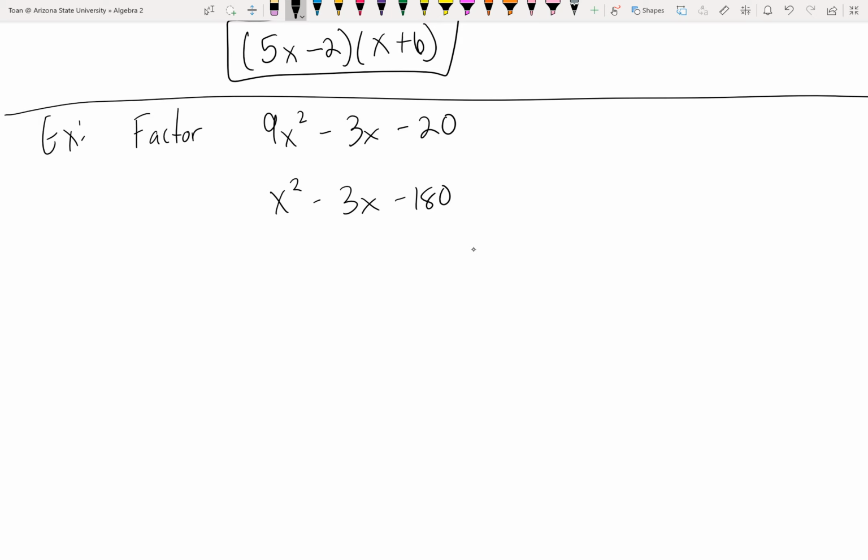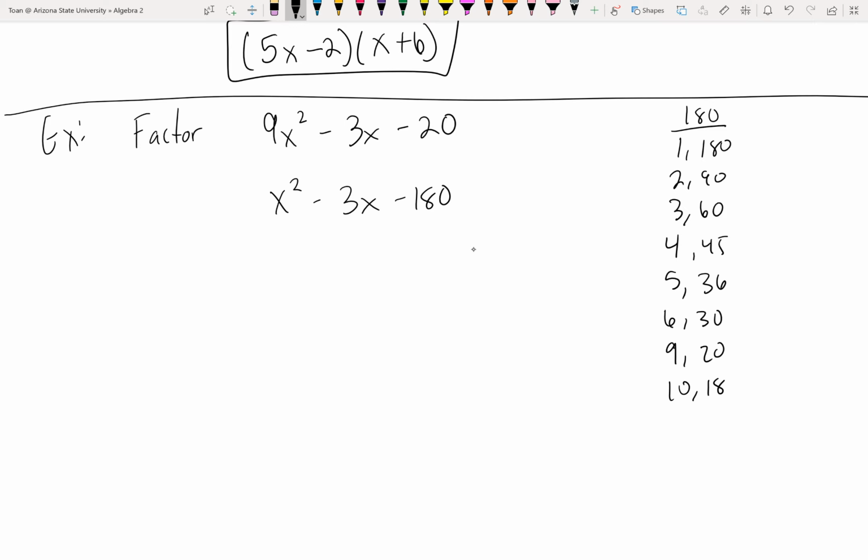That's a pretty big number, but that's the downside of doing this method. But we got a calculator, so we're not worried. 1 and 180, 2 and 90, 3 and 60, 4 and 45, 5 and 36, 6 and 30, 7 doesn't work, 8 doesn't work, 9 and 20, 10 and 18, 11 doesn't work. 12 and 15.